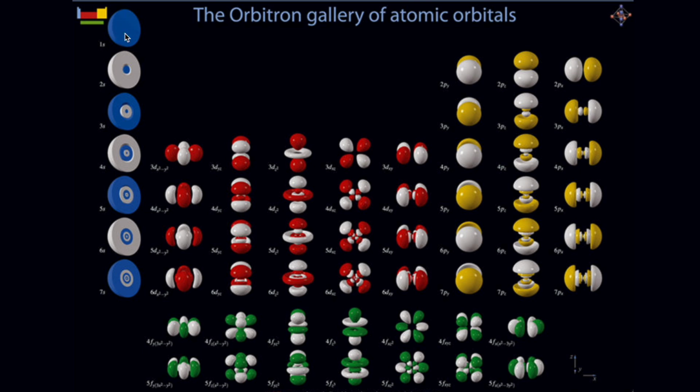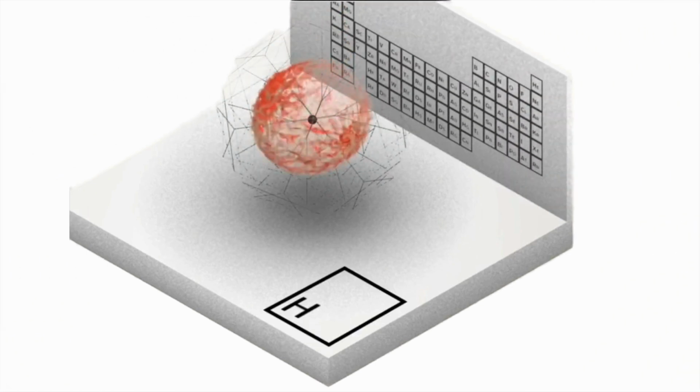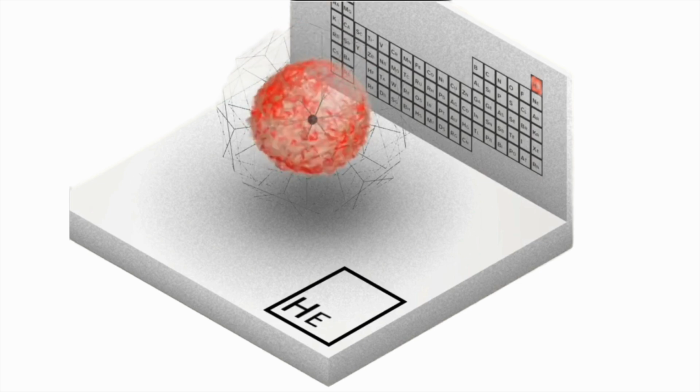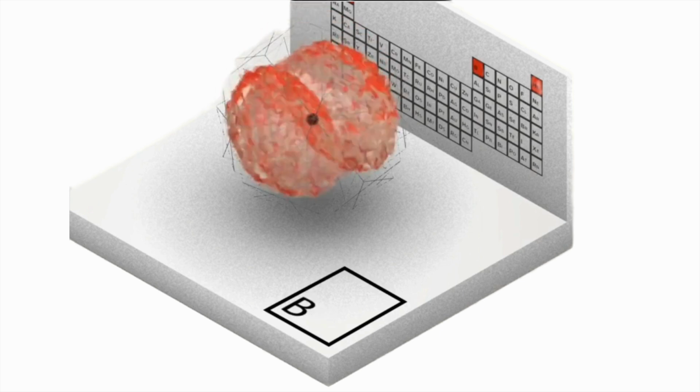So for example, in hydrogen, there's a high probability that the electrons will exist there. And then every element thereafter contains all the electrons before it. Now this can get rather confusing very quickly. If we look at the electron orbitals, you'll see here's hydrogen's high probability. There's helium, lithium, beryllium.